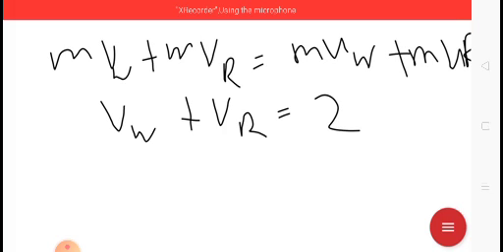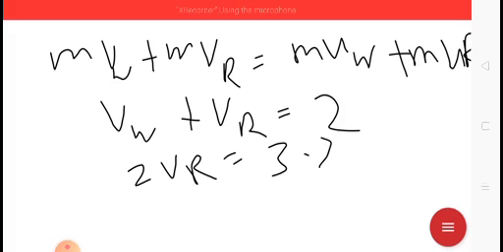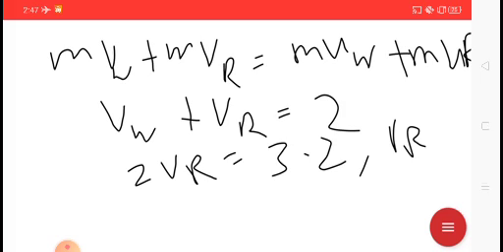So just now you had the experimental law, and now you have the conservation of momentum, the second equation. Adding the first equation and second equation together, you should get 2VR equal to 3.2, so VR will be equal to 1.6. Once you know VR equals 1.6, you can calculate from equation 1 or 2 and you will get VW equal to 0.4.